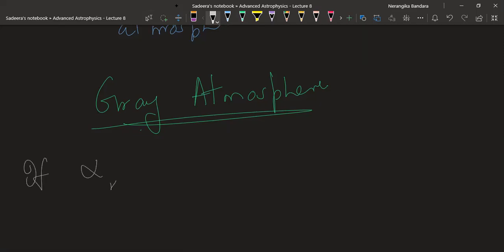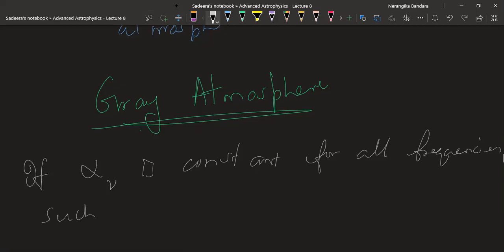If alpha_nu is constant for all frequencies, remember, alpha stands for the absorption coefficient, such an atmosphere is called a gray atmosphere.